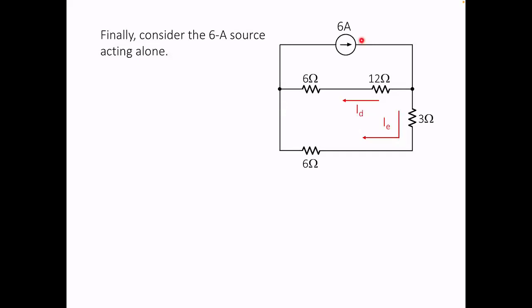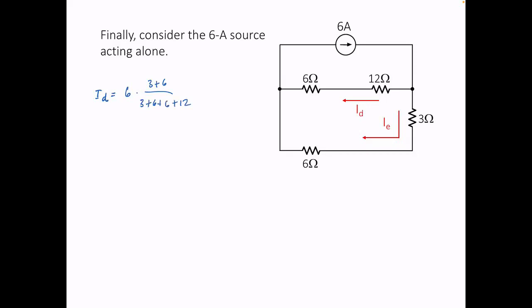Finally, if I consider the 6 ampere source acting alone, so this becomes an open circuit, and this is a short circuit, again, I can use current division. ID is equal to 6 multiplied by 3 plus 6 over 3 plus 6 plus 6 plus 12.